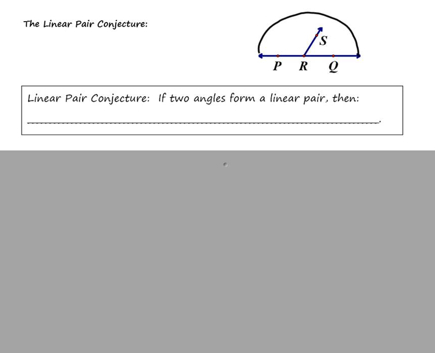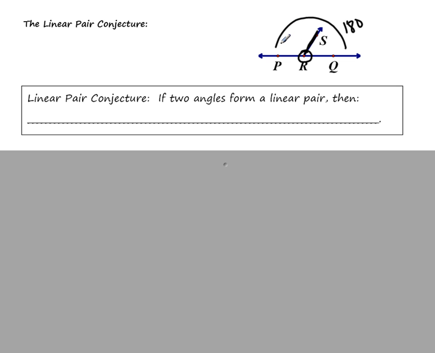Well, if you have two angles, PRS and SRQ, that are adjacent to each other, that means they share a common ray and vertex. They are adjacent to each other, and they lie on a straight line, then their sum is 180 degrees. So these two angles together are 180 degrees.